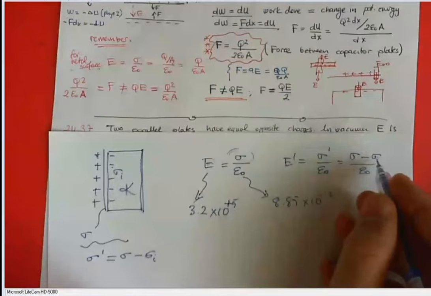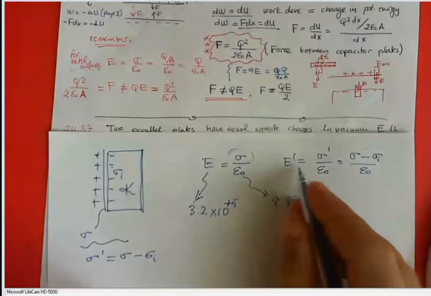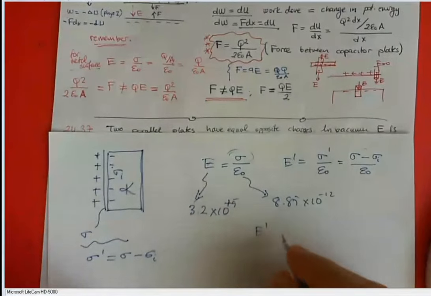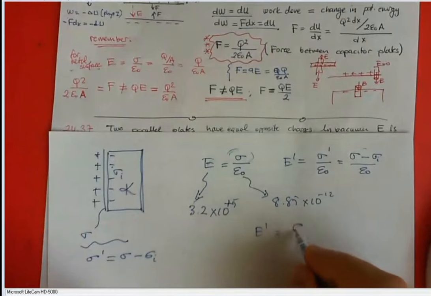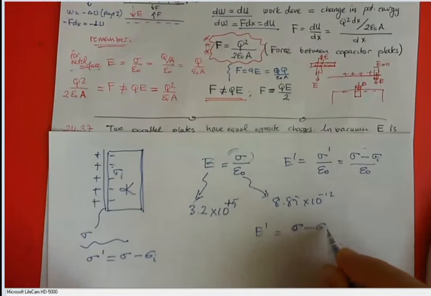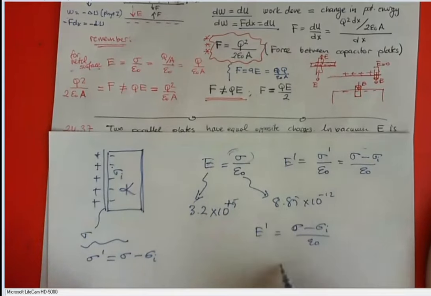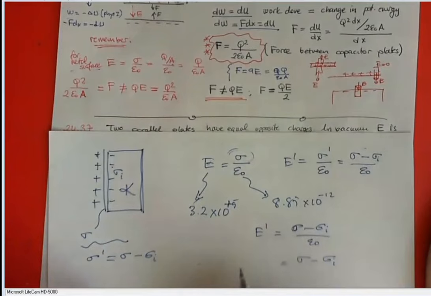You can also find out from here, this E prime is equal to sigma minus sigma induced over epsilon 0. Here, sigma induced is equal to E prime times epsilon 0.